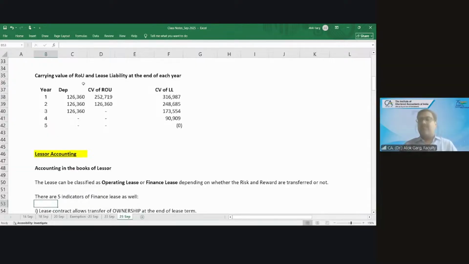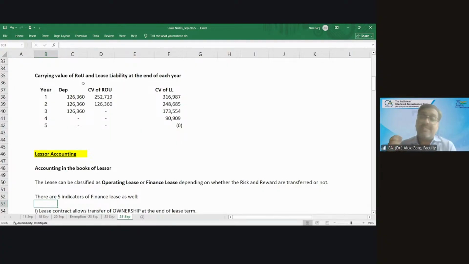So both will recognize different amounts based on the discounting factor. You are absolutely right, because the lessor will always know his IRR. That is the lessor's own IBR. So lessor IRR is equal to lessor's own IBR. The lessor will do the discounting as per his IRR.